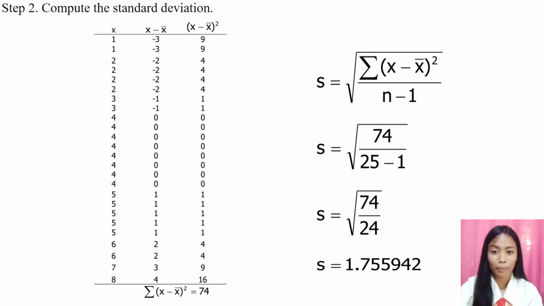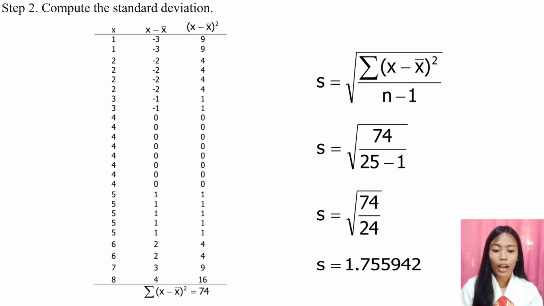The same process goes on. In finding the summation of x minus mean squared, we are going to add all the products of x minus mean squared. That's why we got 74. Therefore, our summation of x minus mean squared is equal to 74.